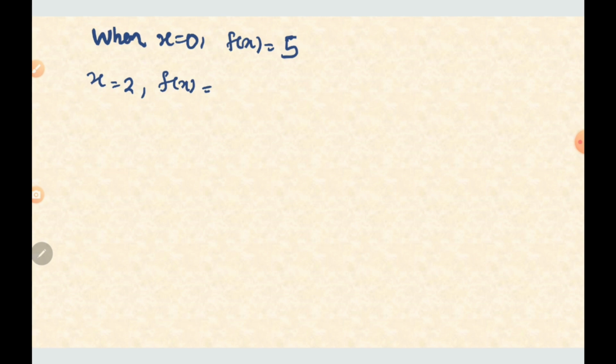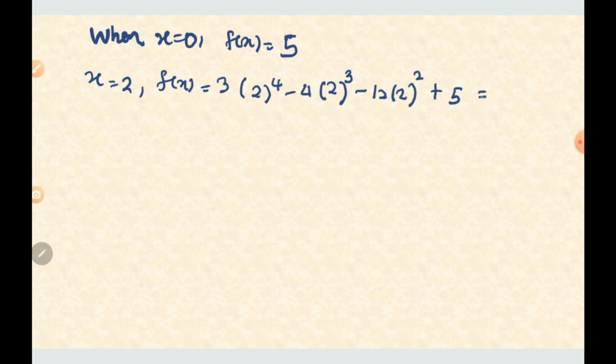So f(x) will become 3 times 2 to the power of 4 minus 4 times 2 to the power of 3 minus 12 times 2 squared plus 5, and the answer is negative 27.